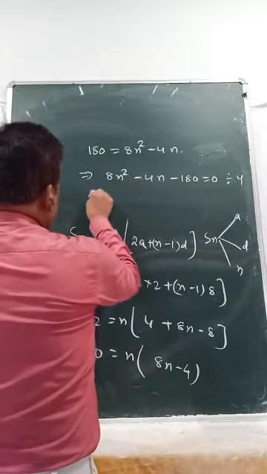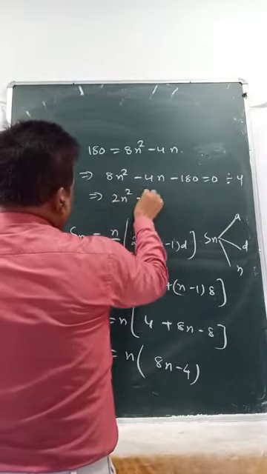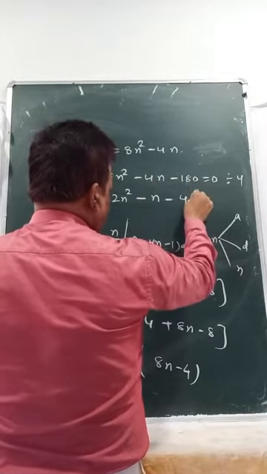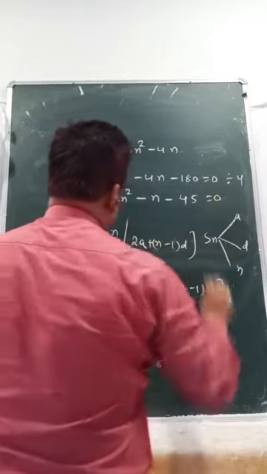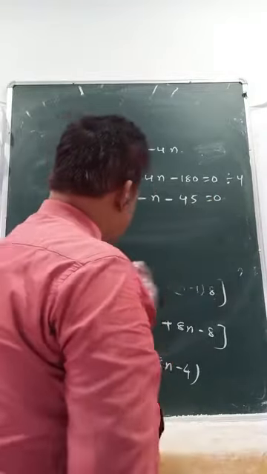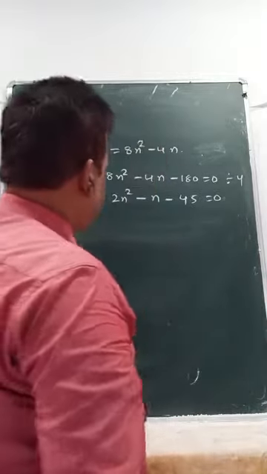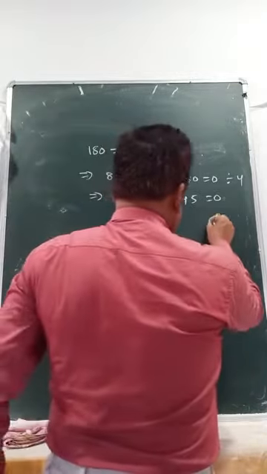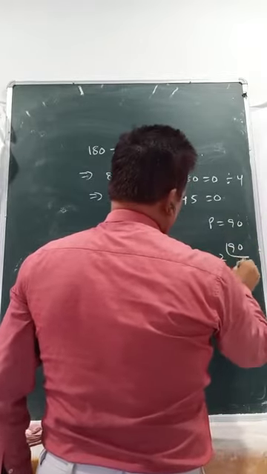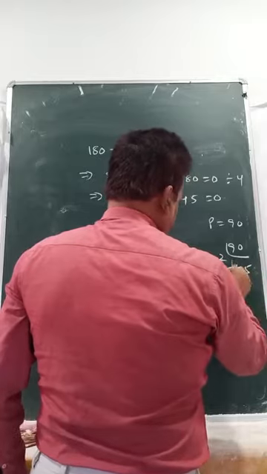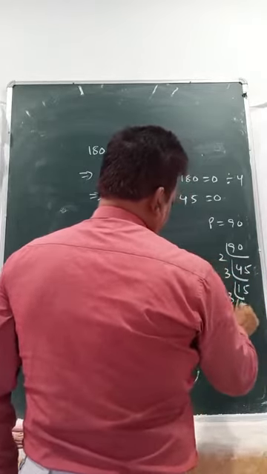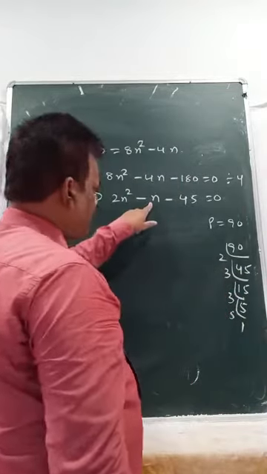Dividing by 4 means 2n square minus n minus 45 equals 0. So how to split? Splitting the middle term, you can do 2 into 45, product 90. The factors of 90 are 2, 45, 3, 15, 3, 5. How to get 1?